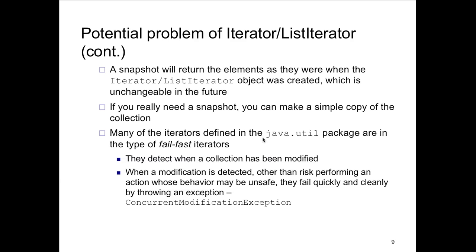Many of the iterators defined in the Java util package are of the type fail-fast iterators. They detect when a collection has been modified. So when the modification is detected, rather than risk performing an action whose behavior may be unsafe, they fail quickly and cleanly, and throw an exception.